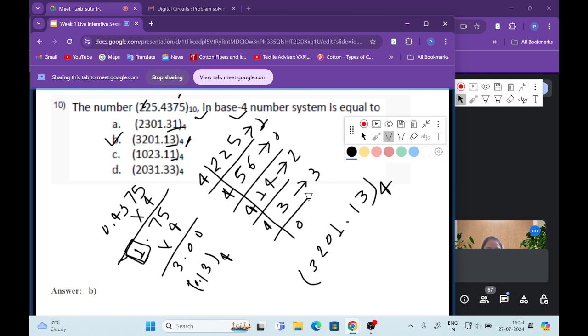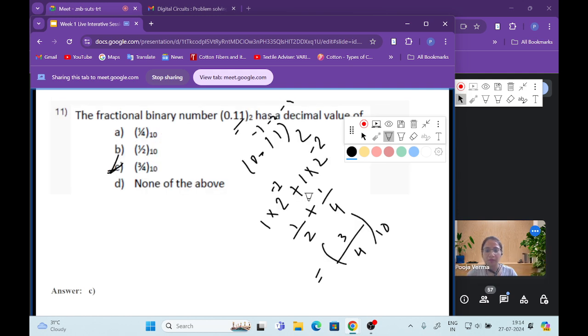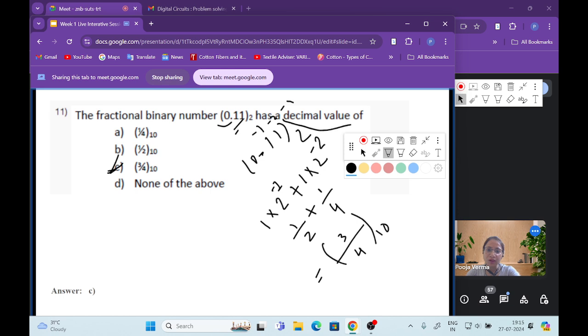And for question 11, they are asking to repeat this question. The fractional binary number 0.11 is given, and we have to convert it into a decimal number.